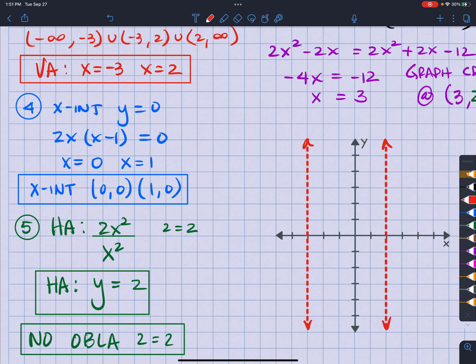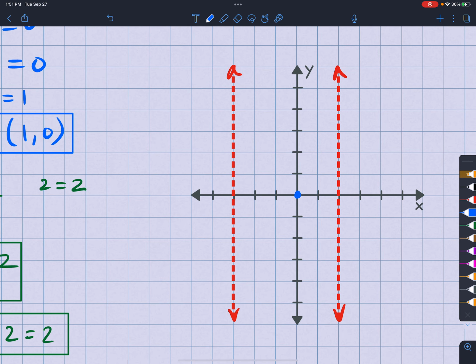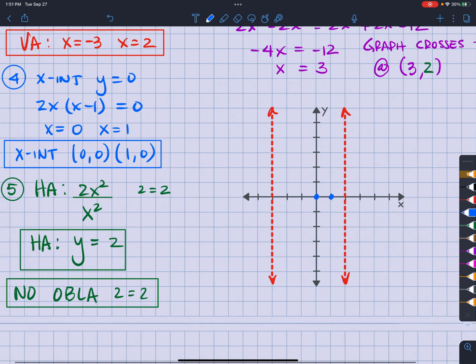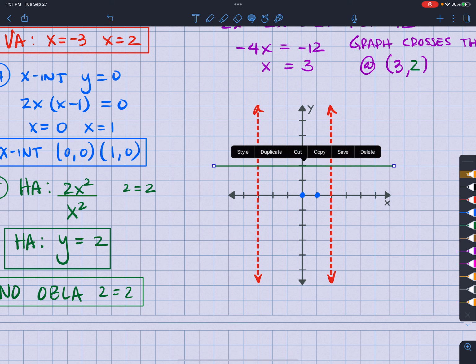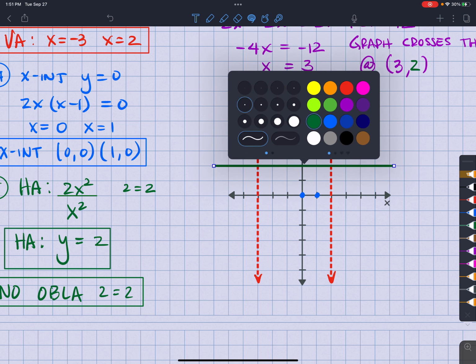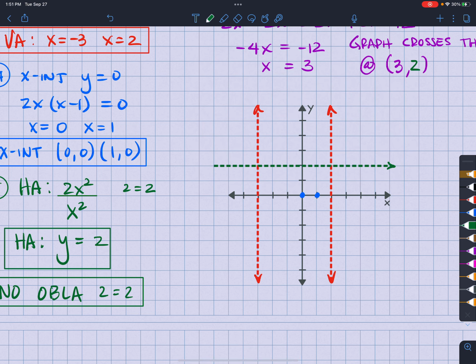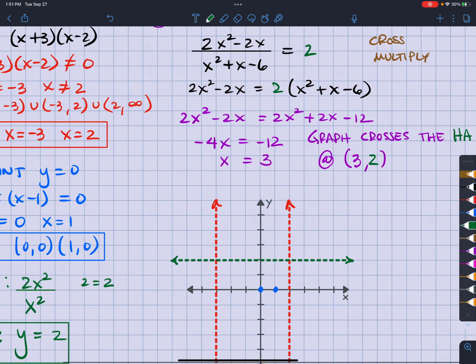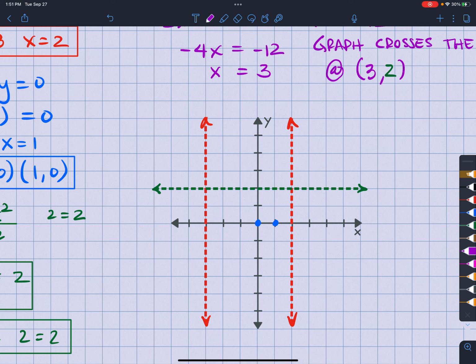I have x-intercepts at (0, 0) and (1, 0). I have a horizontal asymptote at 2. No oblique, and it's going to cross at (3, 2).